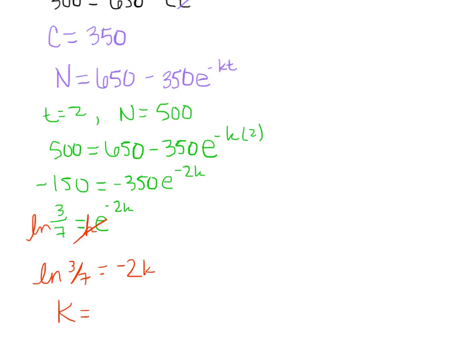So k is going to equal the natural log of 3/7 divided by a negative 2. I do have that as approximately equal to 0.4236. However, I would suggest that you store that value into your calculator.